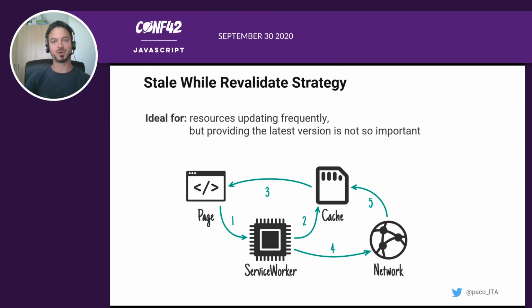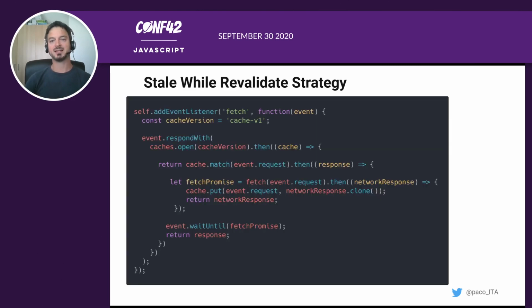But in the background, it also goes over the network, fetches any newly updated asset, and updates the relative version in the cache so that any following request will get a newer version straight from the cache. Implementing this strategy is not very complex, but there are some lines of code we have to provide.